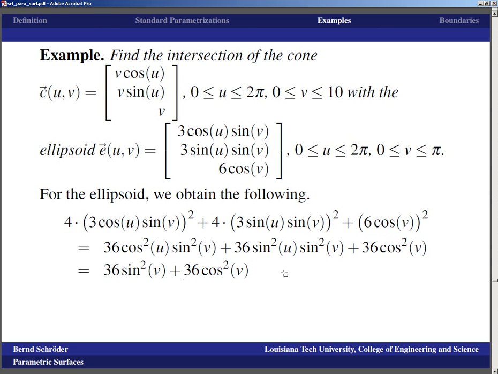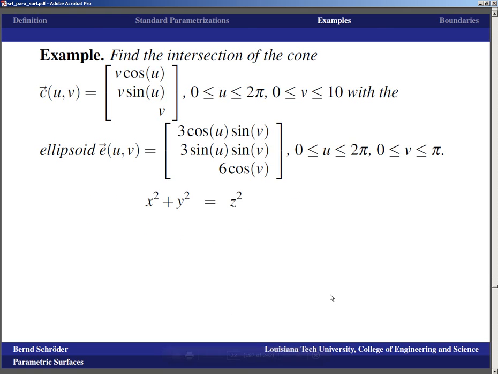But 36 sine squared v plus 36 cosine squared v is 36. And so that means that for the ellipsoid, we obtain the equation 4x squared plus 4y squared plus z squared equals 36, which we will pull over because now we have the two equations. The cone is x squared plus y squared equals z squared. The ellipsoid is 4x squared plus 4y squared plus z squared equals 36.